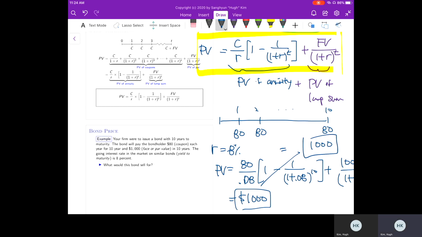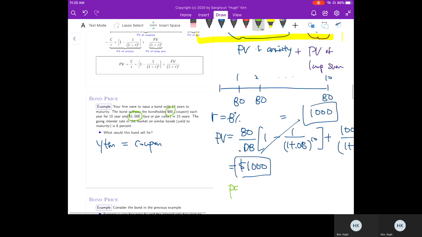This is always the case if the yield to maturity is equal to the coupon rate. The coupon rate is 8%: 80 divided by 1,000. And the yield to maturity is also 8%. When the yield to maturity is equal to the coupon rate, the bond price is equal to the face value or par value, and the bond is called a par bond.